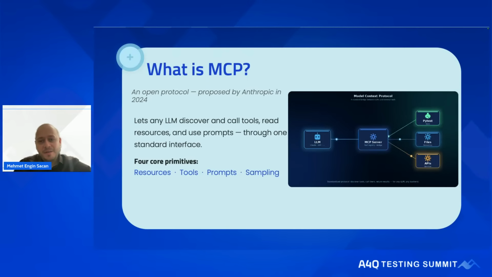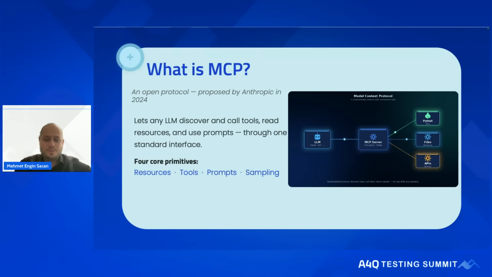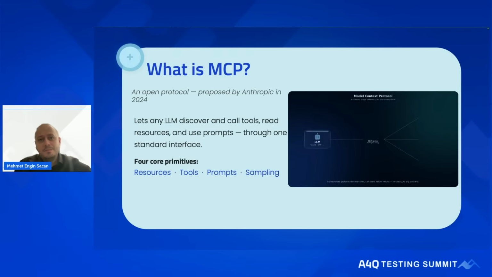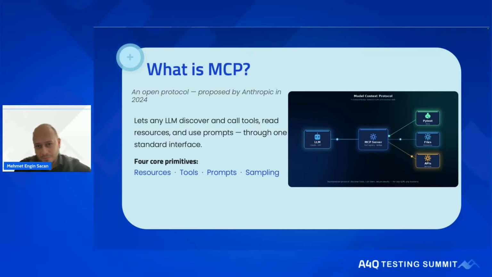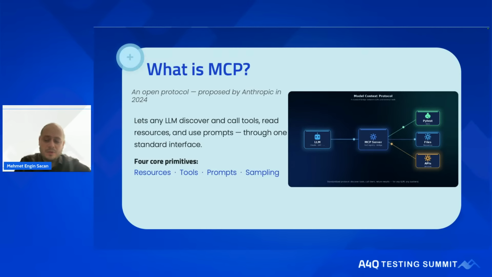The other 3 matter for richer integrations, but you can do a lot with just tools. To keep it simple, you can think of MCP as a USB driver: you can plug in any tool, any LLM, and no custom glue.